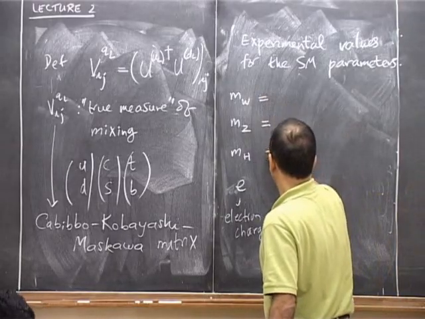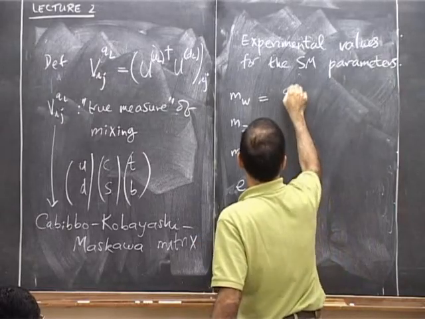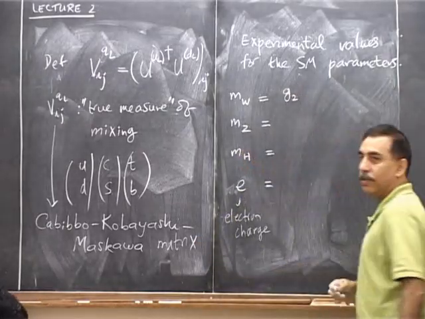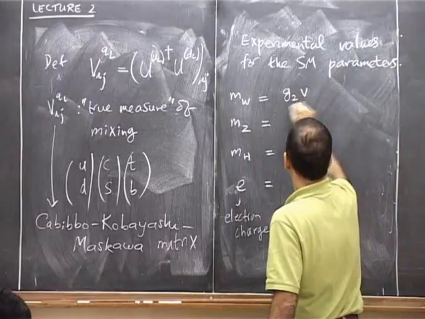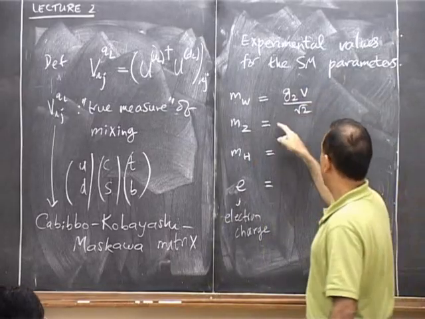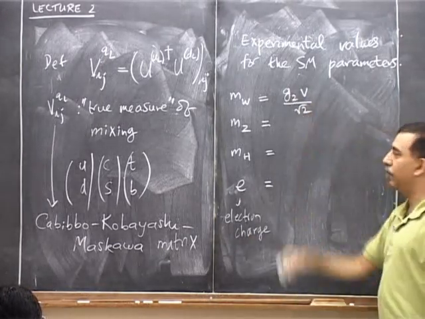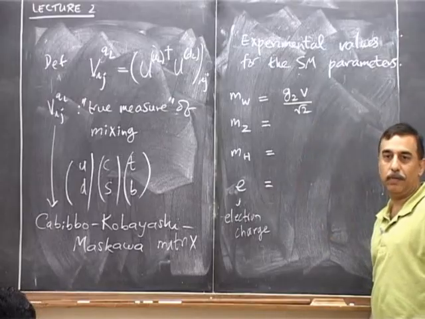First of all, let's write out what the standard model predicts these to be in terms of other parameters. This is the coupling constant of the SU2, G2, times the Higgs vev over root 2. Okay. Mz is the same thing with G2 replaced by the square root of G2 squared plus Gy squared.